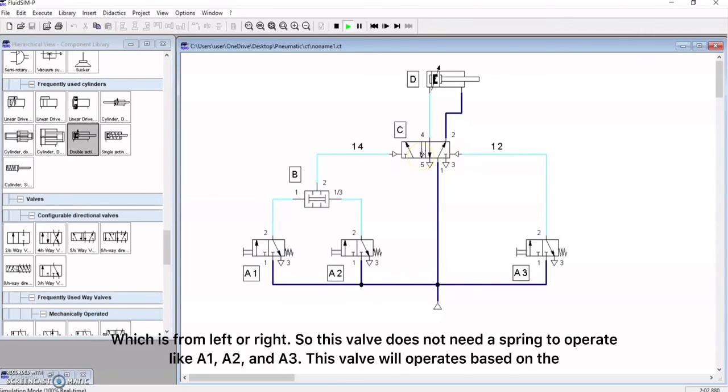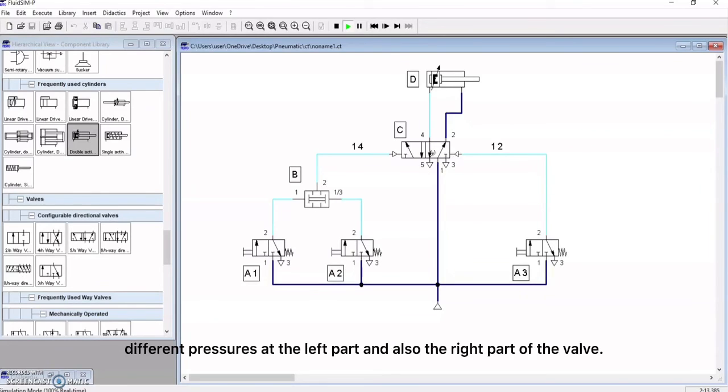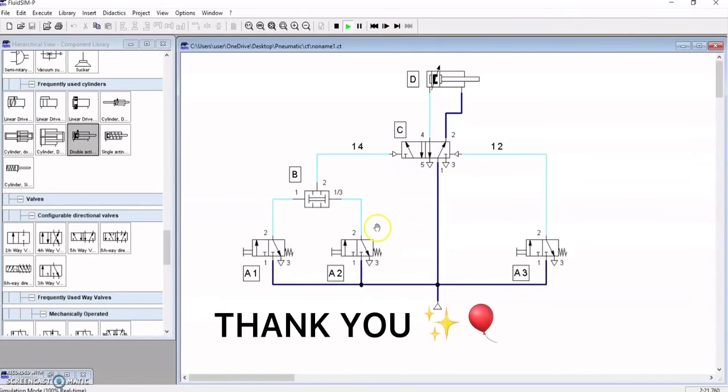So this valve does not need a spring like A1, A2, and A3. This valve will operate based on the different pressures at the left part and also the right part of the valve. So that's all from us. Thank you.